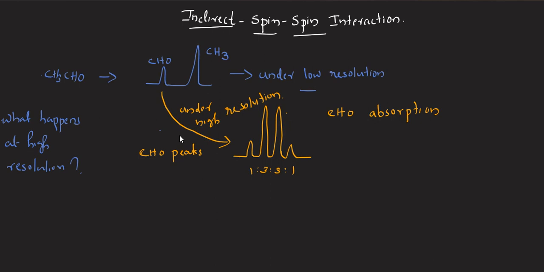We can see that the CHO absorption peak, initially a single peak, splits up into four peaks. That means we can say that the CHO absorption peak splits into a quartet.